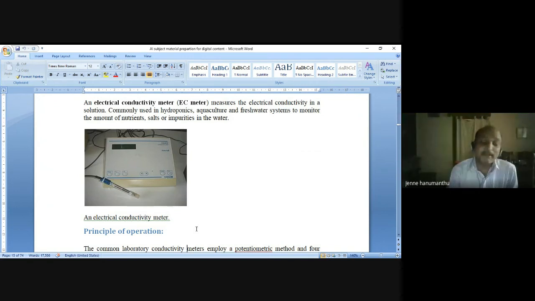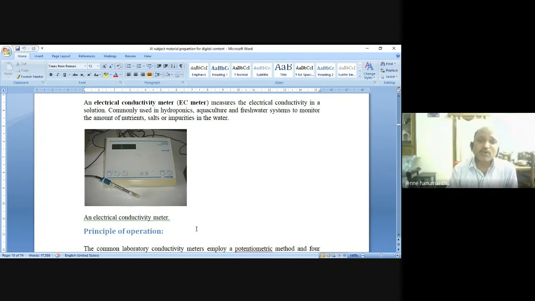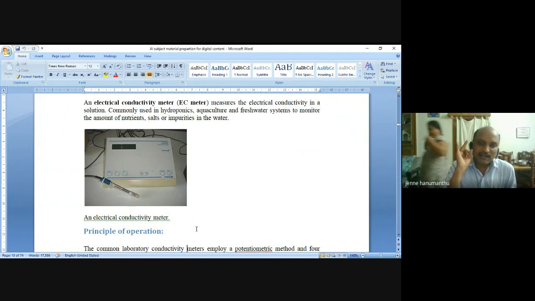Second case, the light may be reflected by the material. The third process is the light may be transmitted. So when the light falls on the sample, sometimes absorption is going on, sometimes reflection is going on, and one more, transmittance is going on.